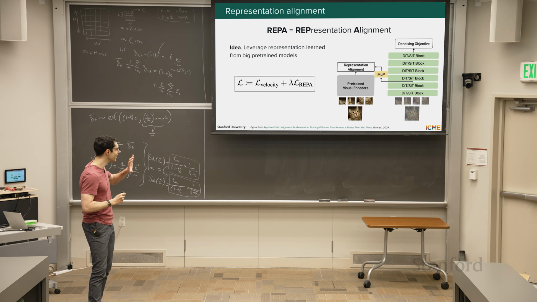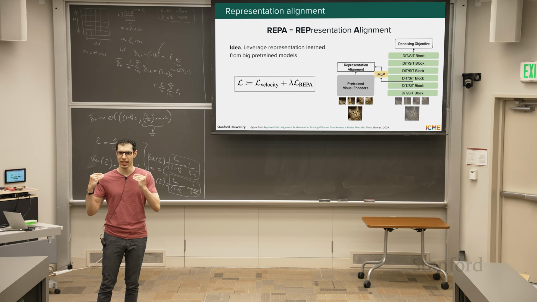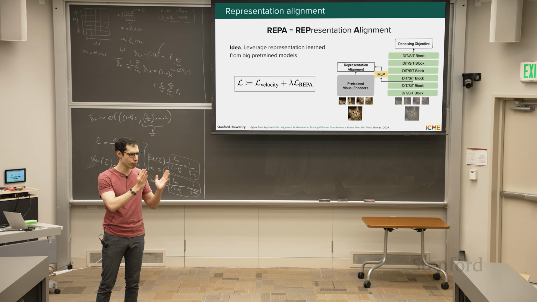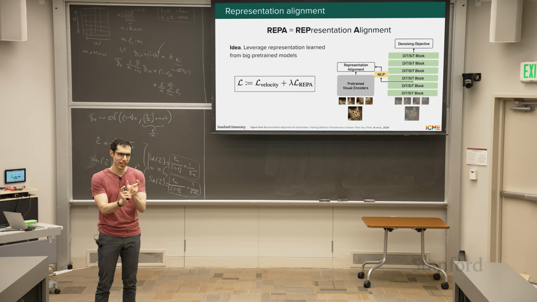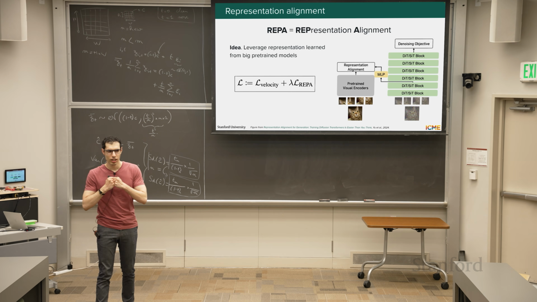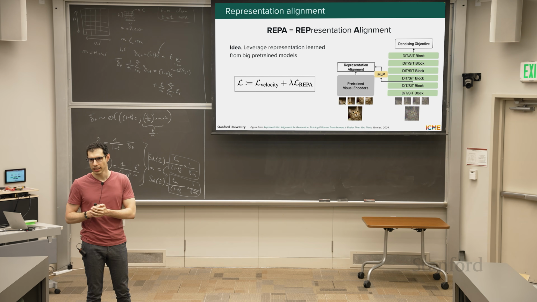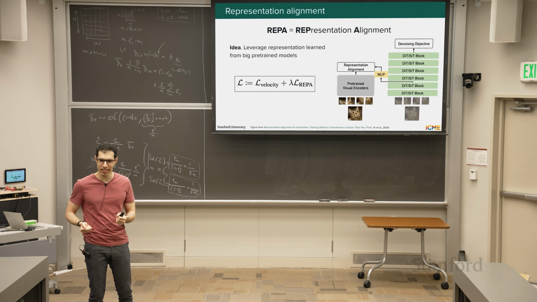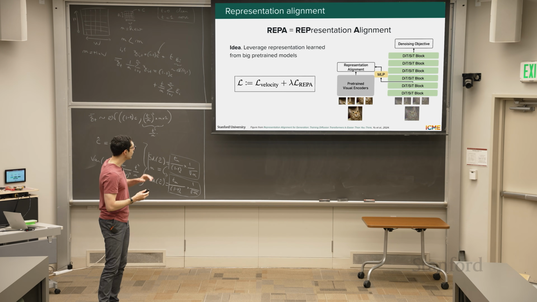Here, the whole idea is to leverage the representation that some already pre-trained encoders have learned, and incorporate that and incentivize our model to match that representation. In other words, it's as if you want to learn about a topic, and I come and get you a book about the topic. So you can learn faster about the topic. So it's exactly the same mindset.